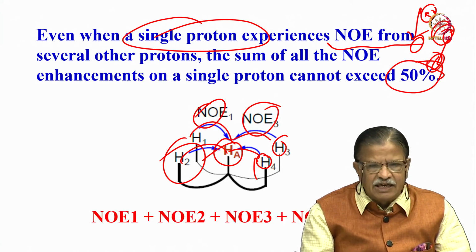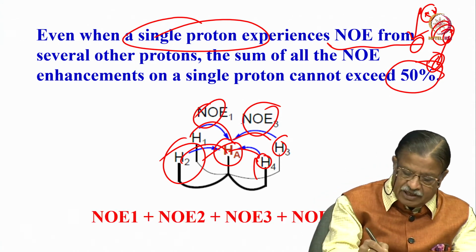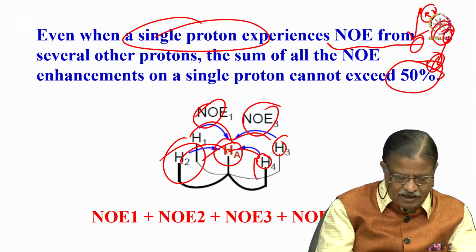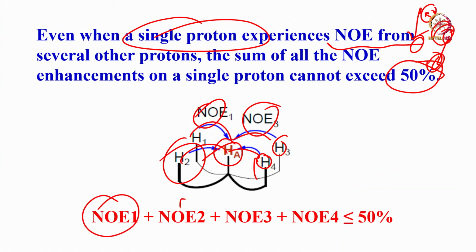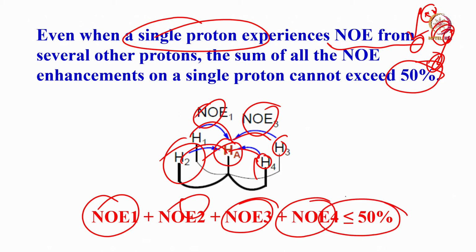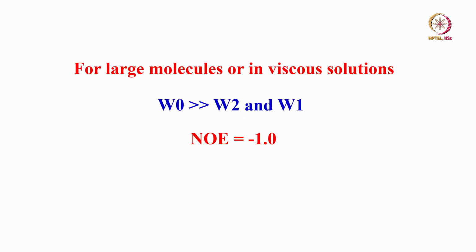In which case the NOE you are going to see at the site of proton A is the sum of NOE 1, NOE 2, NOE 3 and NOE 4. All these together cannot exceed 50%. Please remember, if a single proton experiences NOE from several other protons, the sum of the NOE enhancements all put together cannot exceed 50%. That is an important point.